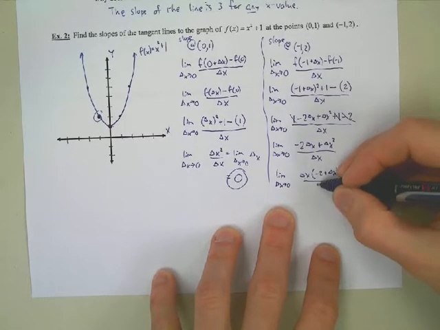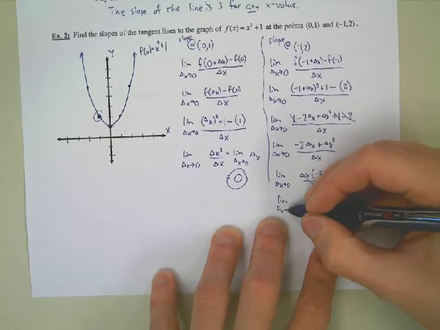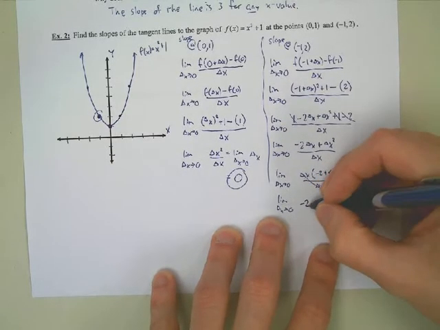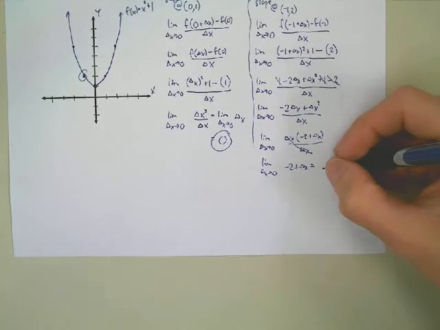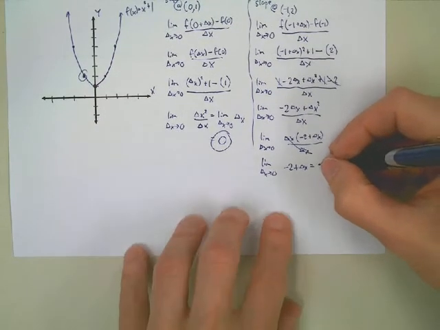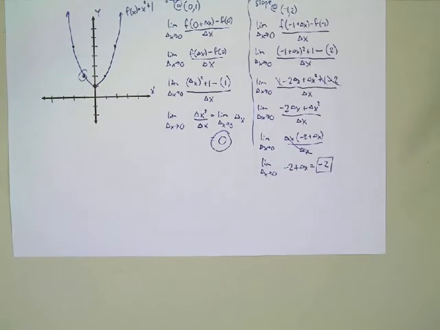So the delta x's cancel, and I'm left with the limit as delta x approaches 0 of negative 2 plus delta x, which therefore is just what? Now we can finally do the direct substitution, and we get negative 2. Wow. Okay? Negative 2 is our slope there.